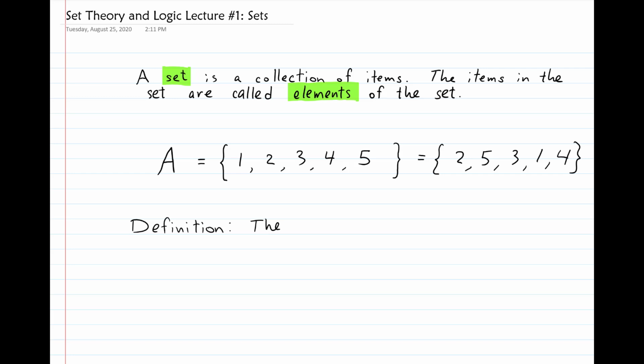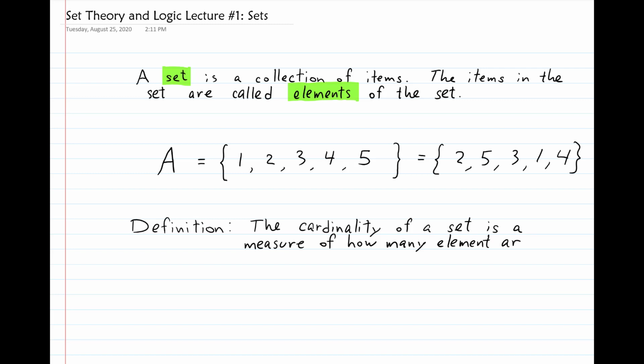The cardinality of a set is a measure of how many elements are in the set.